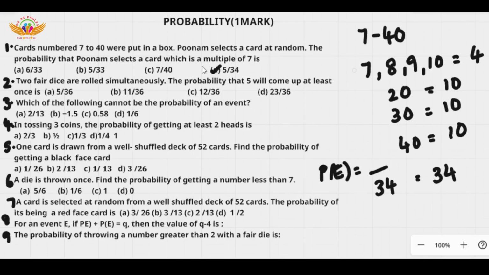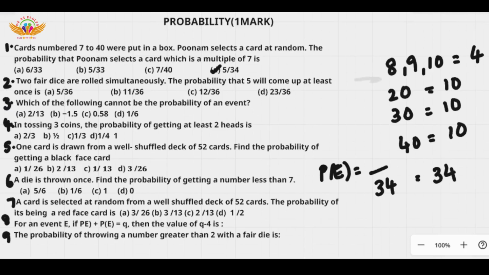They were telling that the selected card that is taken randomly is a multiple of 7. So multiple of 7 means you have to recite your 7 table. So let us see in the 7 table how many numbers are less than 40.